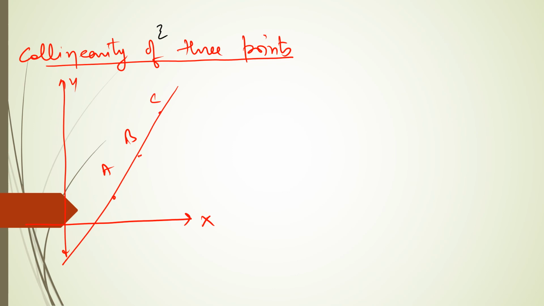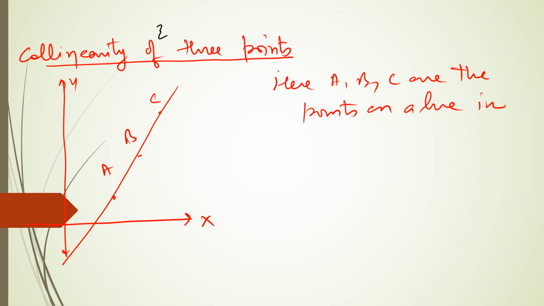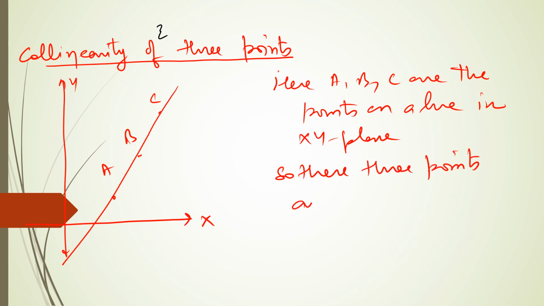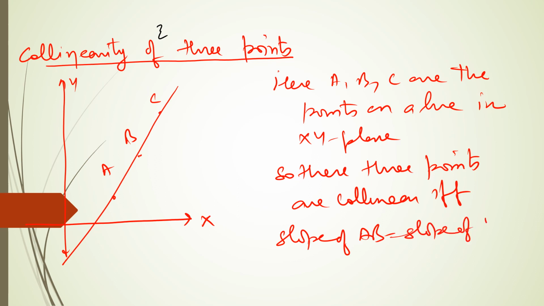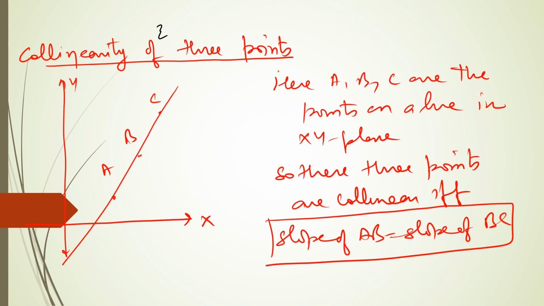Then they will lie on a line. 3 points are collinear if and only if the slope of AB is equal to the slope of BC. If this condition is satisfied, then we can say that A, B, C are collinear points.